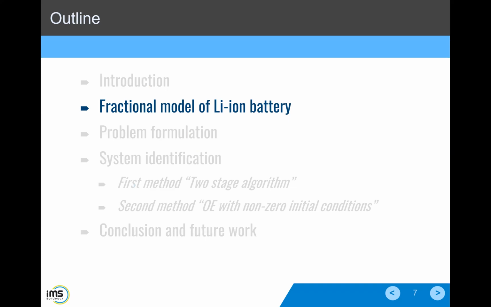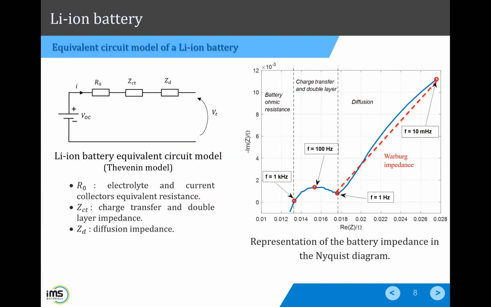For the fractional model, there are different types of models for the batteries. In our work, we decided to use an equivalent circuit model based on the Thevenin model, and the different impedances used in this equivalent circuit model characterize different phenomena that happen inside the batteries.